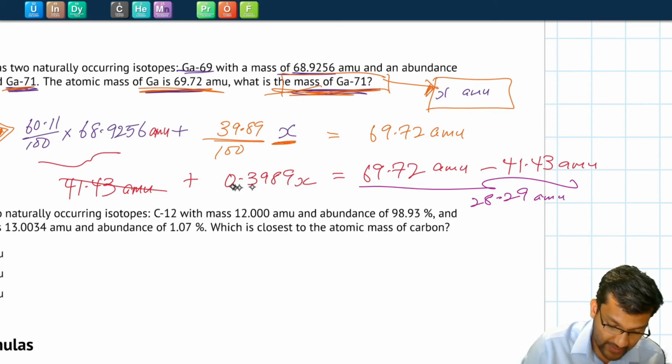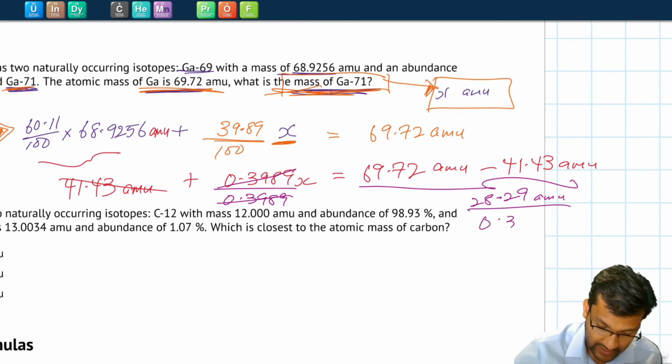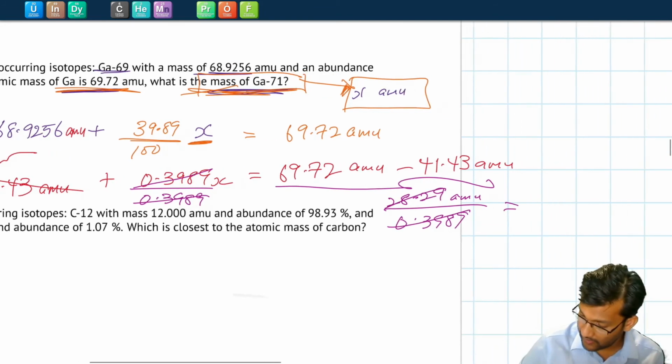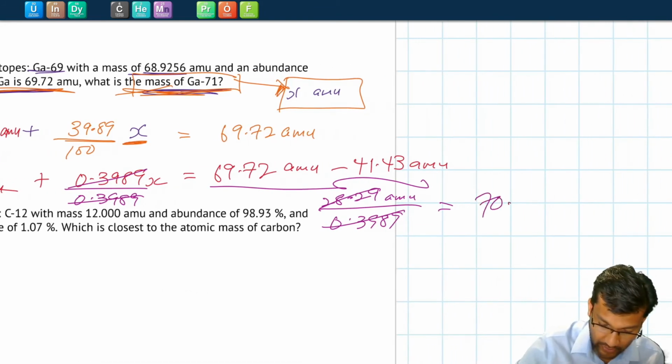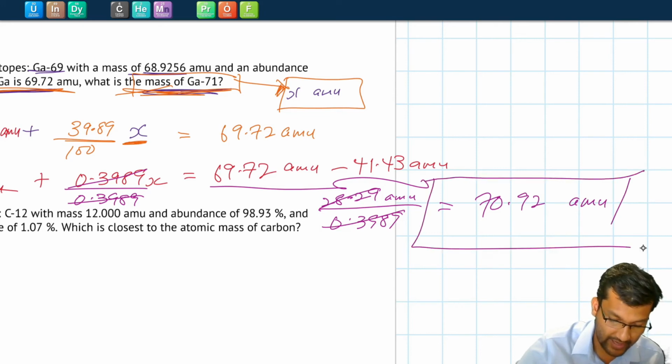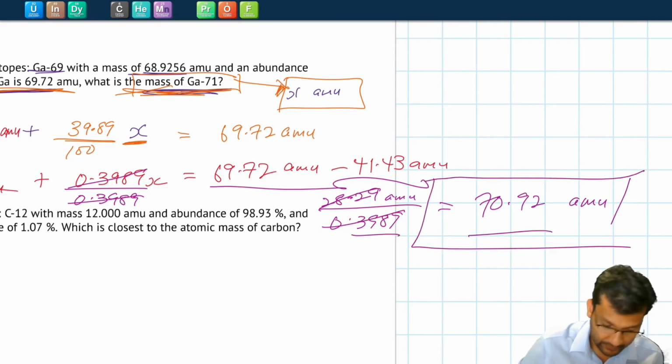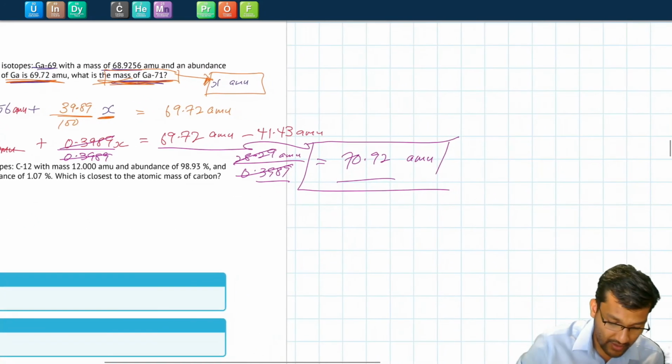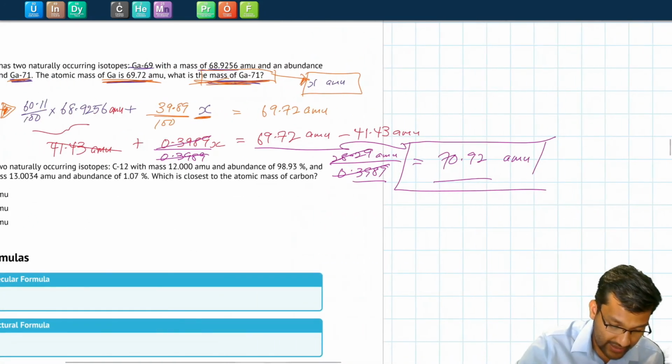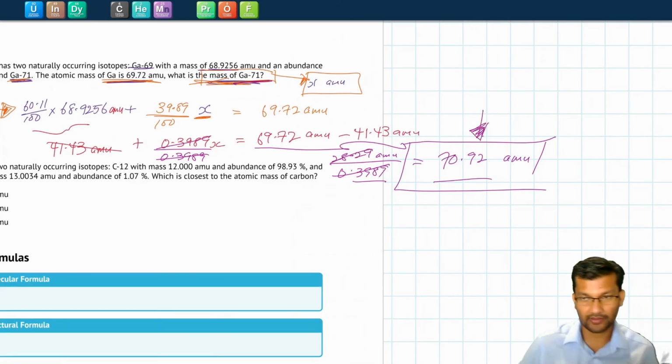We solve for x by dividing by 0.3989 on both sides, and that comes out to be 70.92 atomic mass units as a value for x. 4 sig figs, we're dividing. So that's our answer. The mass of gallium-71 is 70.92 atomic mass units.